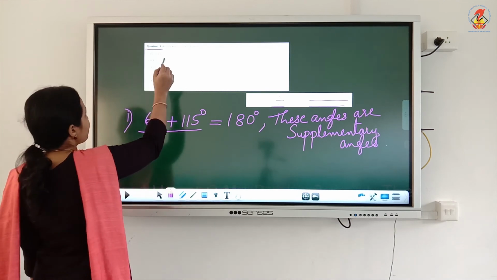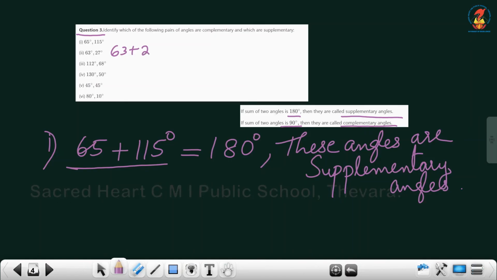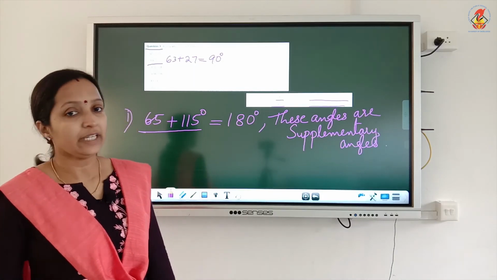So, the next question, 63 plus 27, what is the answer? 90 degrees. So, what can you write here? 63 degrees and 27 degrees are called complementary angles of each other.